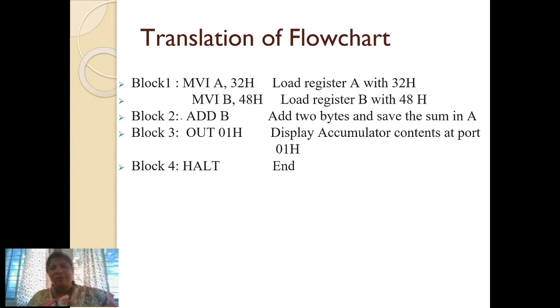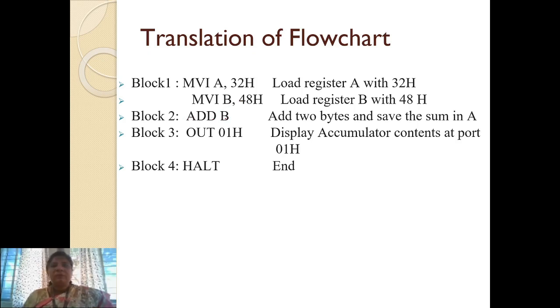Then block 2 is ADD B, which means add the content of register B to the accumulator. The result is automatically stored in the accumulator, so that result will be displayed at output port 01H. The next block is HLT. Halt means end. These are the conversions of blocks into mnemonics.